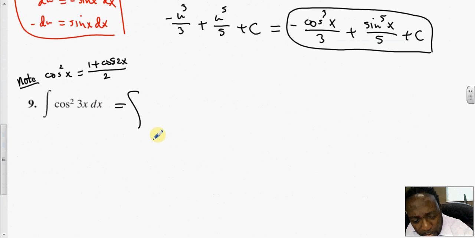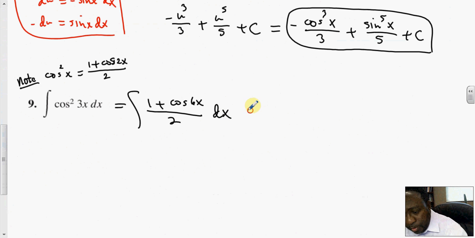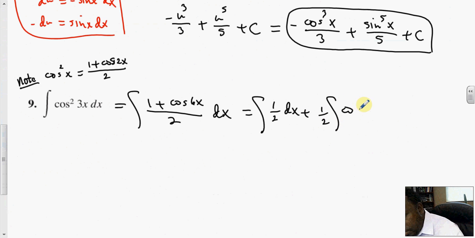So this becomes the integral of 1 plus, so it's the double. If it's x, it's 2x. So if this is 3x, it's going to be cosine 6x all over 2 dx. So you can break this up into two integrals. This is 1/2 dx plus 1/2 times the integral of cosine 6x dx.